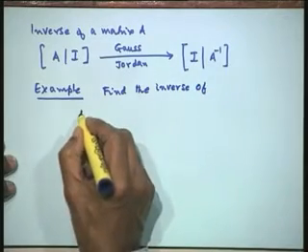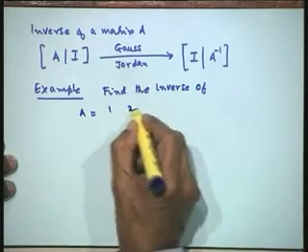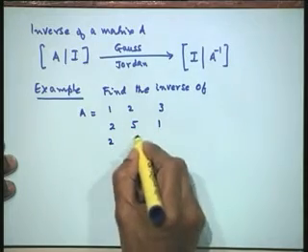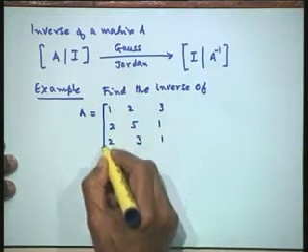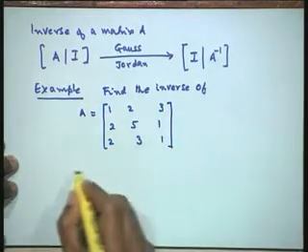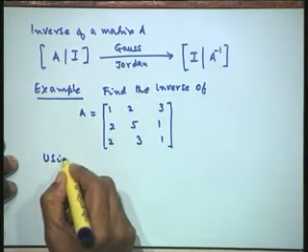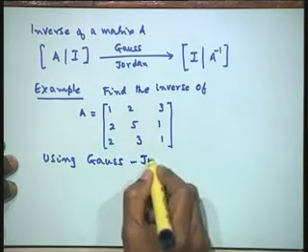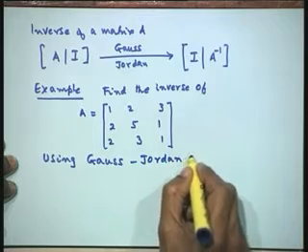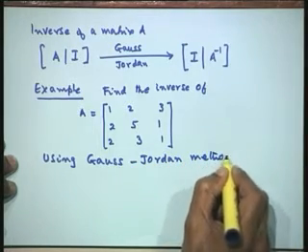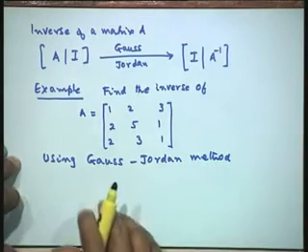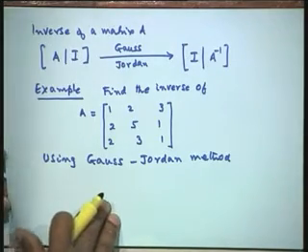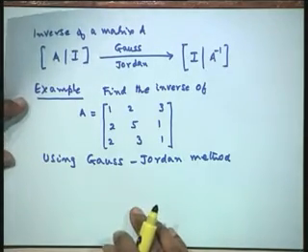Find the inverse of the matrix 1 2 3, 2 5 1, 2 3 1 using the Gauss-Jordan method.